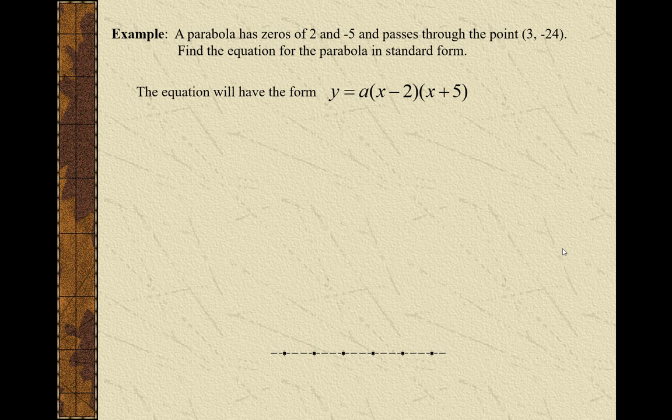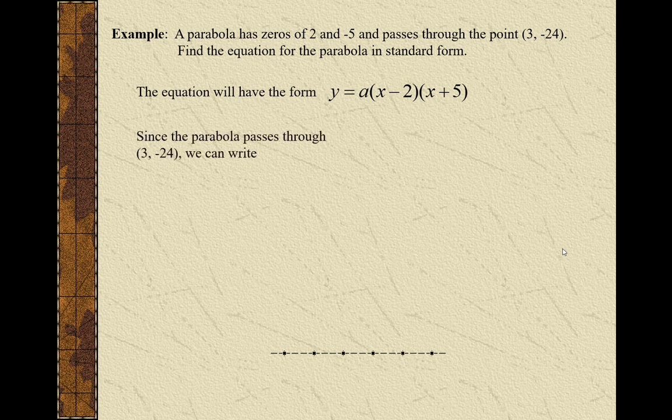The first factor has to be x minus 2, and the second factor has to be x plus 5 to make those zeros. If I didn't give you this point, I'm still covering up 3, -24. Then somebody says, but we want the specific point 3, -24, which looks really challenging, but it's not. They've given me an x and y to use. I can just sub that x and y in.